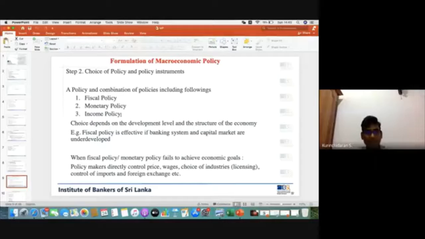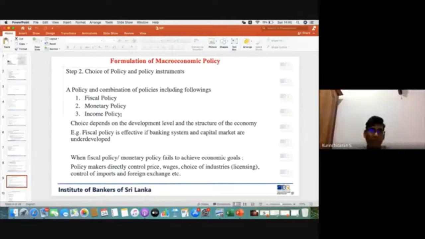Only thing is that choice depends on the development level and structure of the economy. Example, the fiscal policy is effective if the banking system and capital market are underdeveloped. Because if you are going to implement monetary policy, that's going through the banking system. But when the banking system is underdeveloped, you don't achieve your expected outcome.